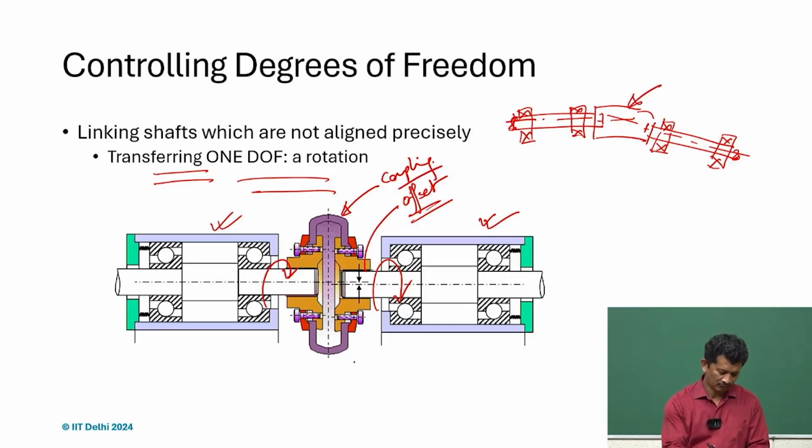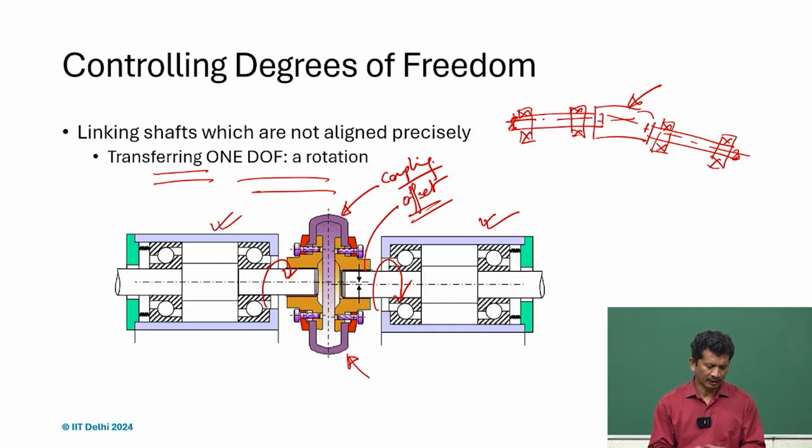So, what we see here is actually a flexible coupling, and in many rugged, heavy applications, we might not be looking at precision, and then we can simply use some elastomers or rubbers and some kind of tubing where it can flex easily, and then we can clamp it and it works.